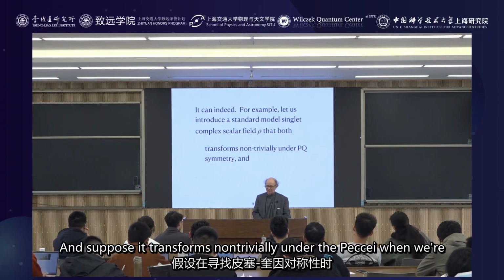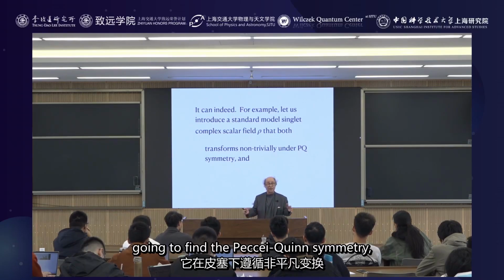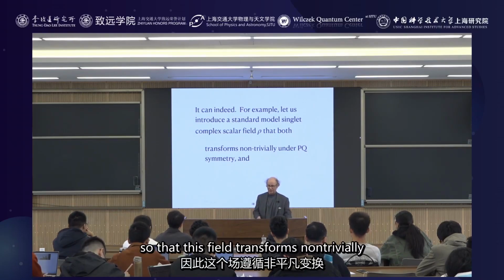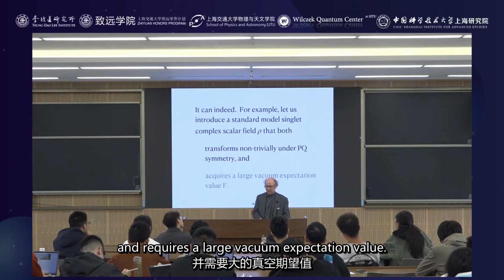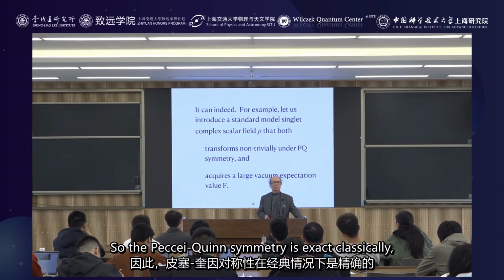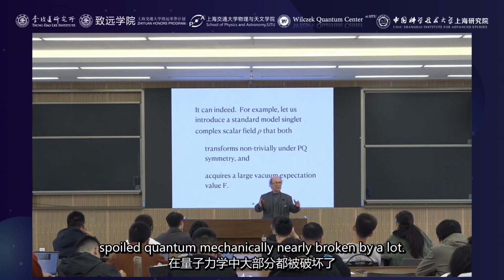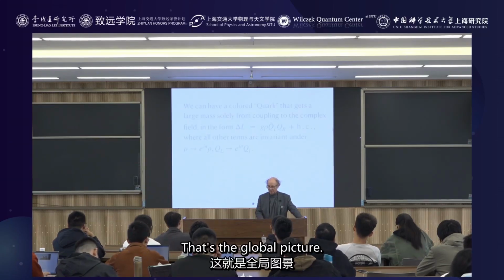And suppose it transforms non-trivially under the Peccei-Quinn symmetry. We're going to define our Peccei-Quinn symmetry so that this field transforms non-trivially and requires a large vacuum expectation value. So the Peccei-Quinn symmetry is exact classically, spoiled quantum mechanically, easily broken by a lot. That's the global picture.